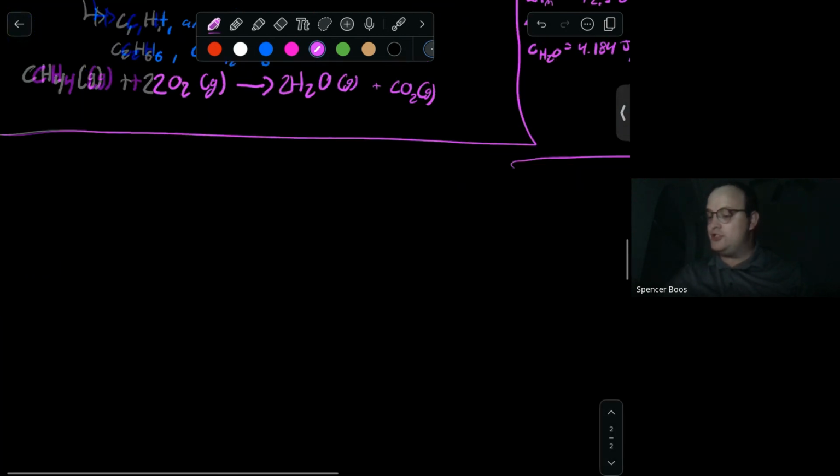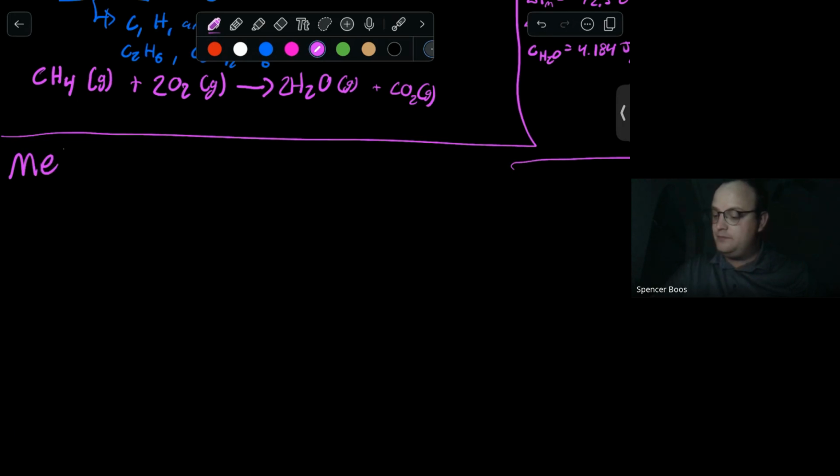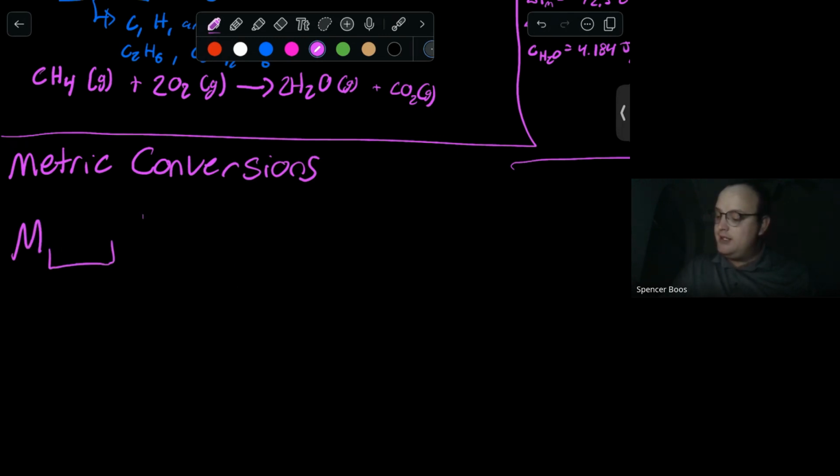For metric conversions, a lot of you use the mnemonic King Henry Died By Drinking Chocolate Milk.